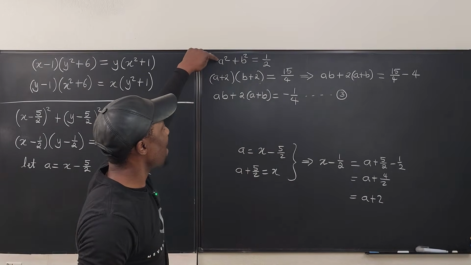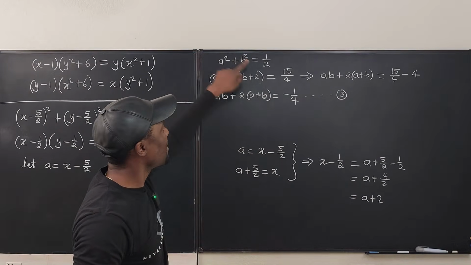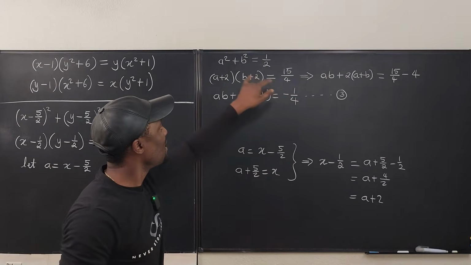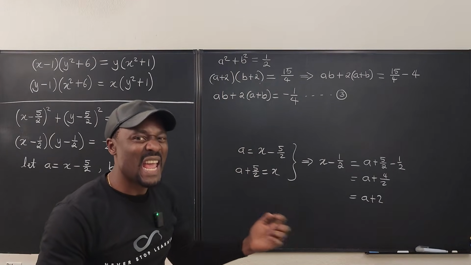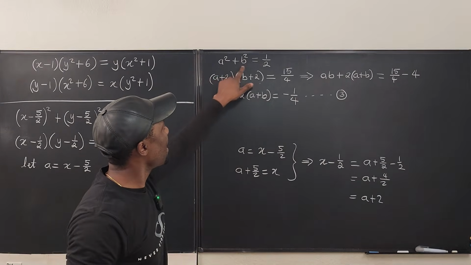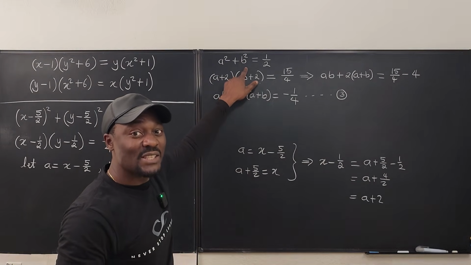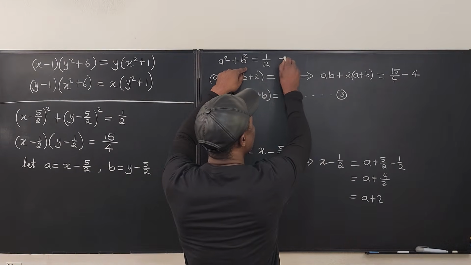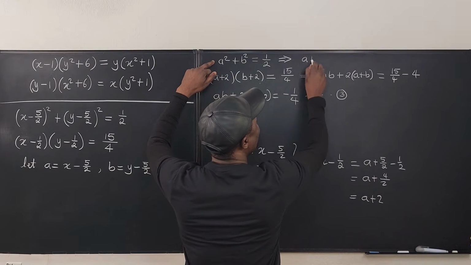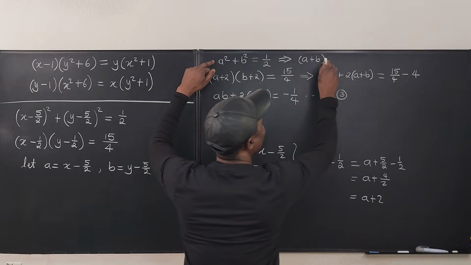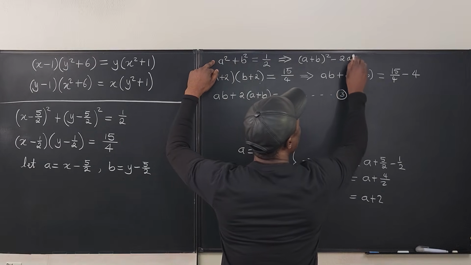And I have to rewrite this expression also. I think I'm going to do it on top there. You see, I can't work with the squares. I need ab and a plus b. So how can I write this? Well, a squared plus b squared is the same thing as a plus b squared minus 2ab.